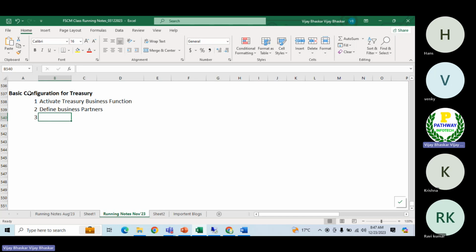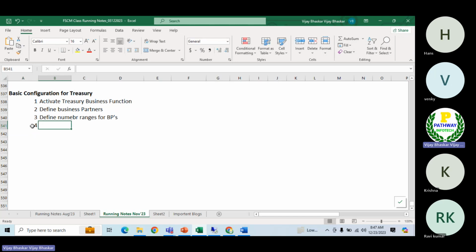But for the flow, what are the minimum configuration steps required? Define number ranges for BPs, because we have already done this. We have already created number ranges; this setup is already there when we did FI configuration.